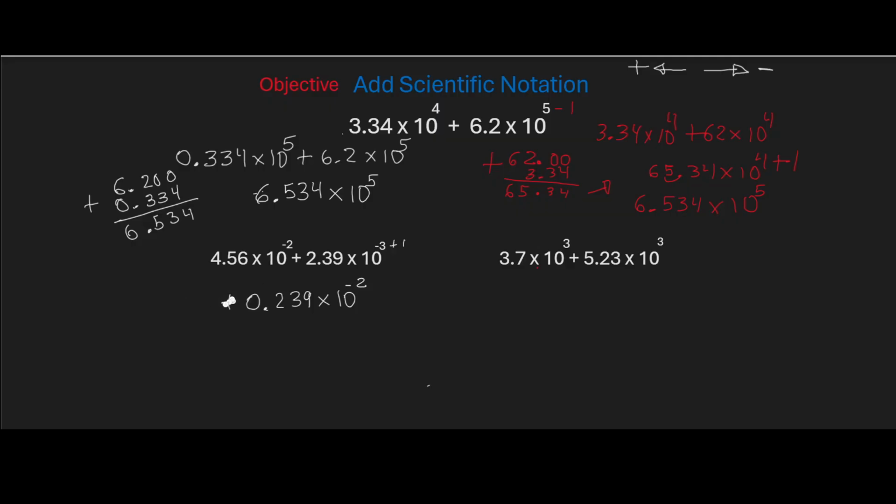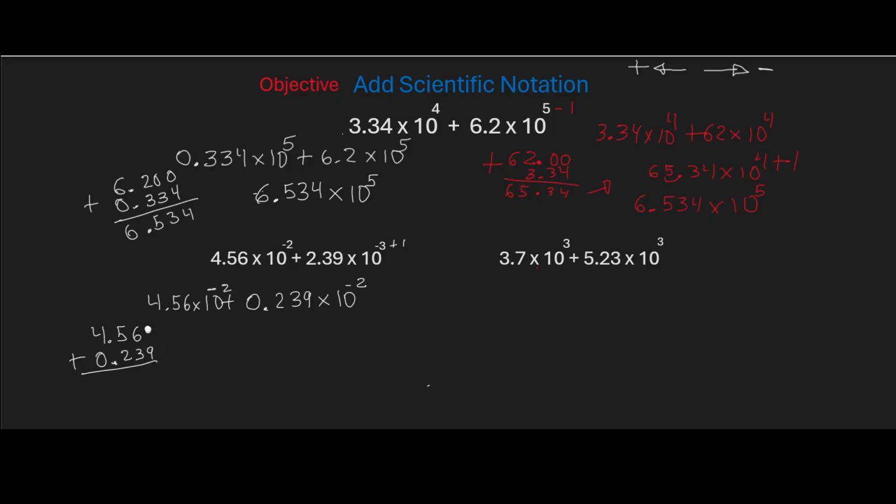Then you have the plus sign, and then I'm going to rewrite this one here. So that should be 4.56, and that will be times 10 to the negative 2nd power. Now that you have the same exponent, 10 to the negative 2nd power times 10 to the negative 2nd power, what we can do now is add the two numbers. So that means I'm going to be adding 4.56 to 0.239.